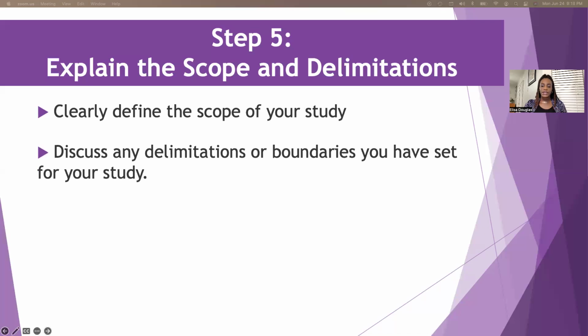So you should clearly define the scope of your research by explaining what aspects of the topic you will cover, right, as I just mentioned, and what you will not. Discuss any delimitations or boundaries that you have set, and this will help to manage the expectations of your readers. And it will also provide a clear focus for your particular research.